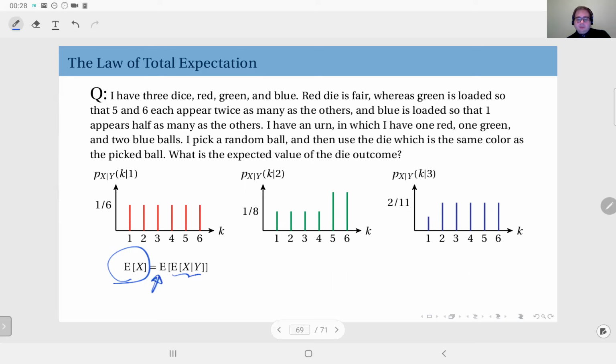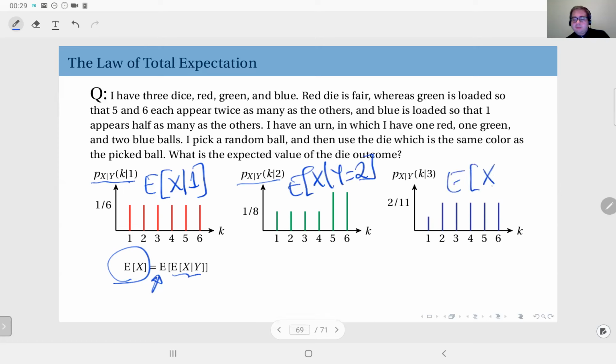Because I have the distribution of X given Y equals 1, I can compute the expected value from it. And here I have the distribution of X given Y equals 2, so I can compute the expected value of X given Y equals 2. And similarly, I can compute the expected value of X given Y equals 3 from this distribution.